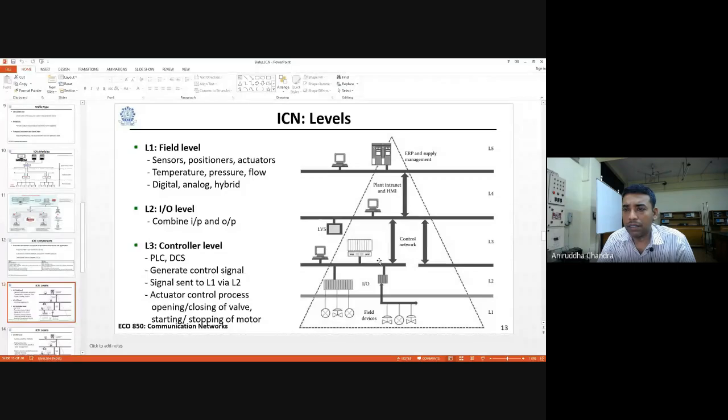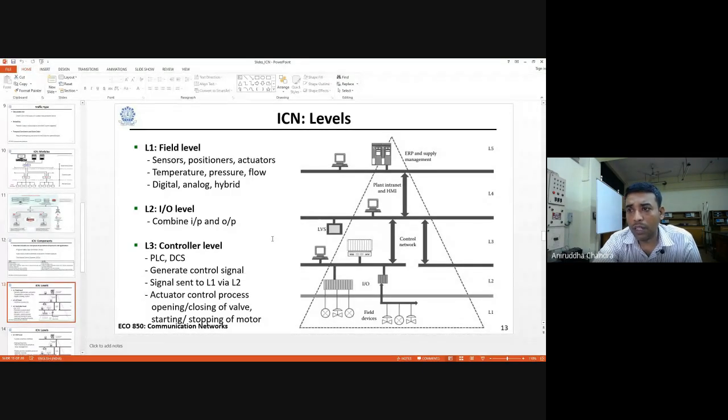These are the things that exist in the L3 level, and they send the signal through L2 to L1. What are the examples? For example, opening or closing of a valve, or starting or stopping of a motor. These are the PLC or DCS things which generate these control signals that go to the actual field level devices through the L2. So these are the three basic levels.